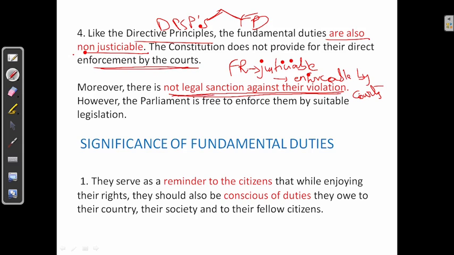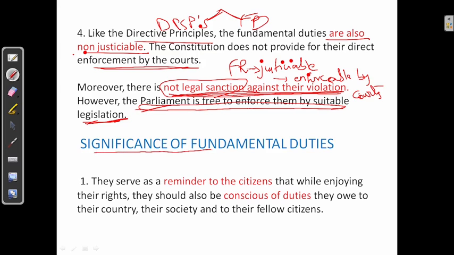That means if any citizen violates the fundamental duties, there will not be any legal sanction on them. However, Parliament is free to enforce them by suitable legislation. Parliament has the power to punish them.